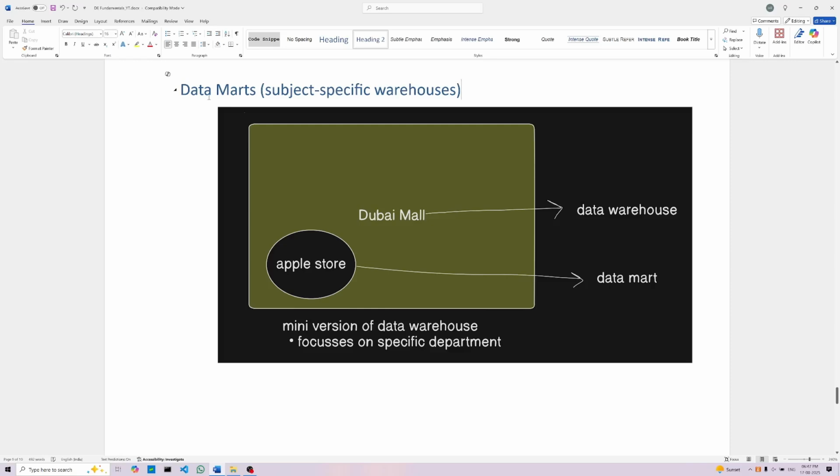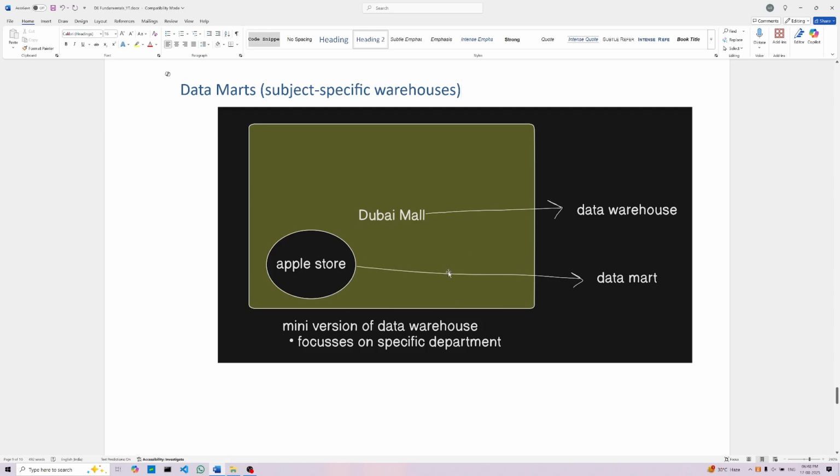Now next is data marts. Okay, so it is nothing but the mini version of the data warehouse. So let's take an example of Dubai Mall. Okay, let's say Dubai Mall is the data warehouse. So inside that Dubai Mall, we just want to buy a mobile. So we will go to the Apple Store.